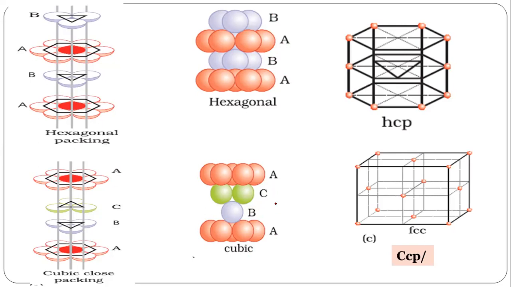When the ABC type of arrangement is there, we get the cubic close packed structure, and when the hexagonal arrangement is there, we get the hexagonal close packed structure. Sorry, when the AB type of arrangement is there, we get hexagonal close packing. And in ABC, C is a different layer. We can see this is the A layer, this is the B layer, this is the C layer, again ABC. This will continue. If such an ABC arrangement is there, we get cubic close packing, and if the AB arrangement is there, we get the hexagonal close packed structure.